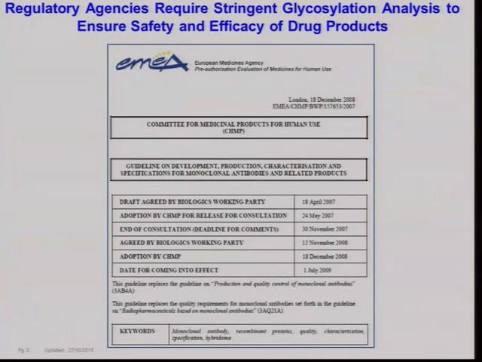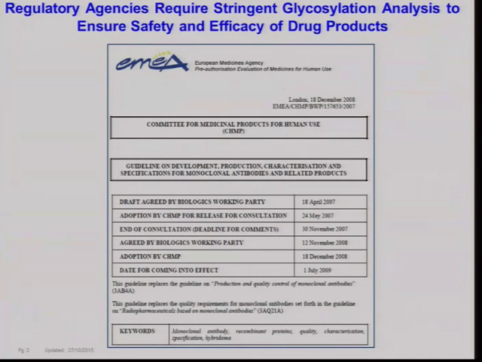So some of the point of doing this analysis is obviously to satisfy the regulators. And the regulatory agencies, like this is EMA, this is the European agency. Most of the agencies have signed up to what's called harmonisation policy.